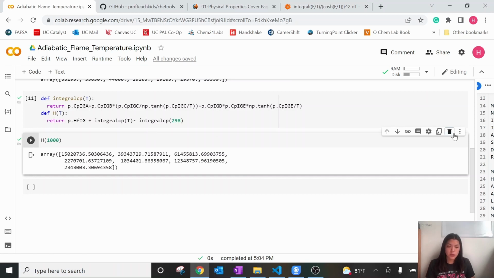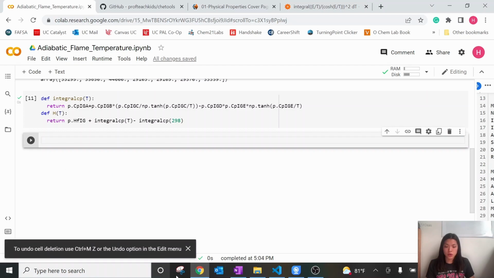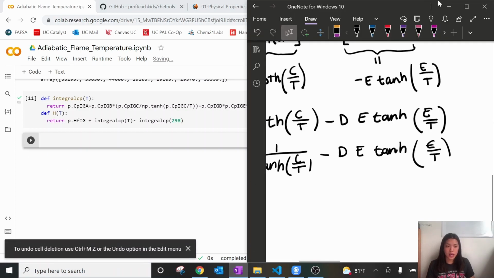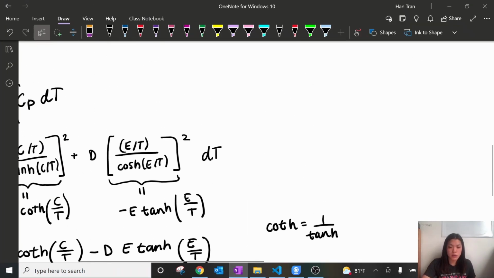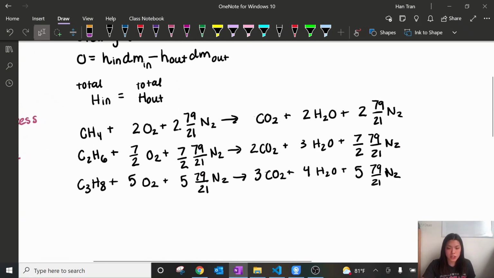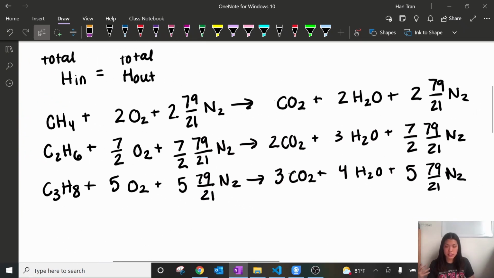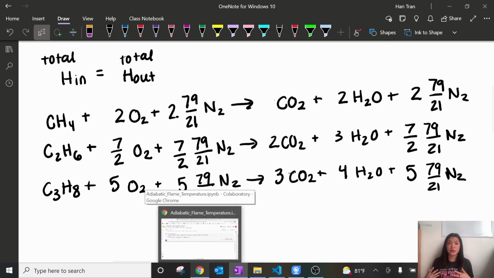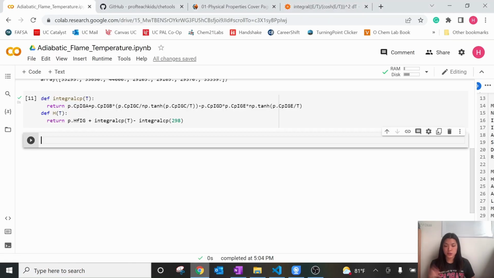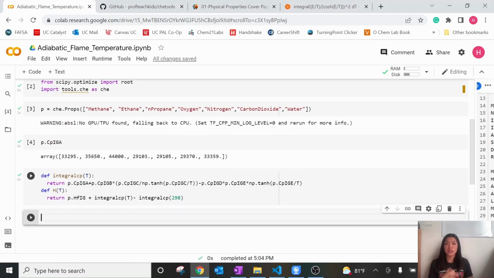So now what we must do is go in and look at the different moles. This is why we looked at the reaction equations at the beginning of the video. And we're actually going to use the tools that we have developed, the two functions that we've defined, the function for the heat capacity and the function for the enthalpy. We're going to use those tools to solve this problem for the temperature of the flame.